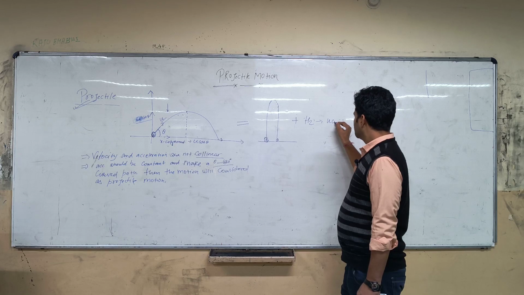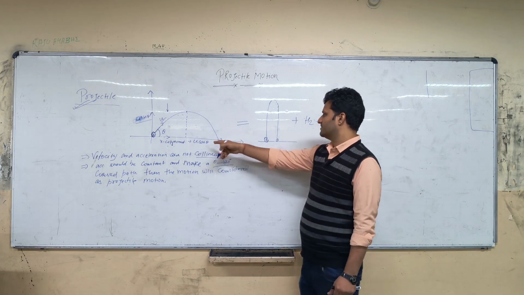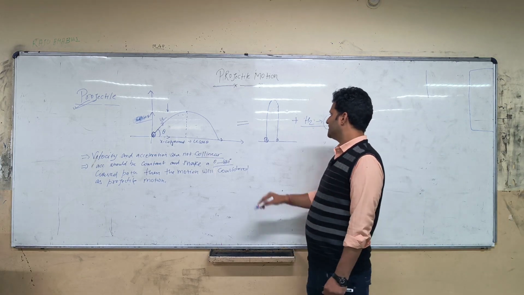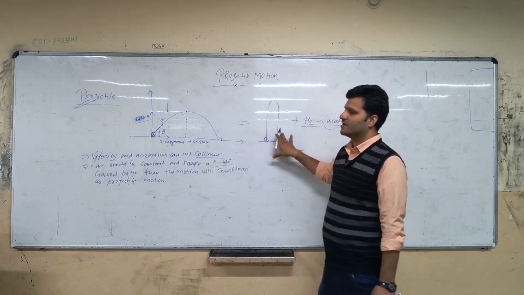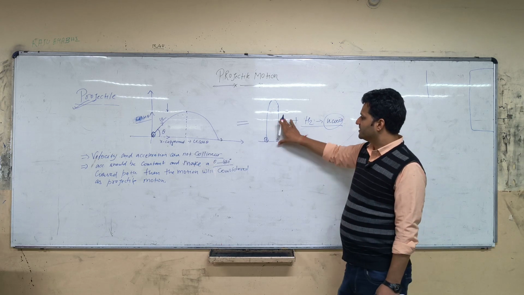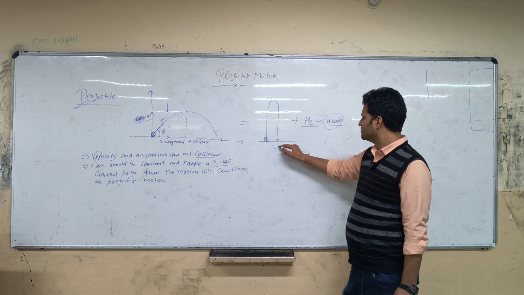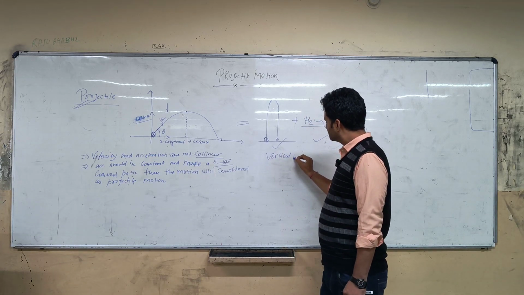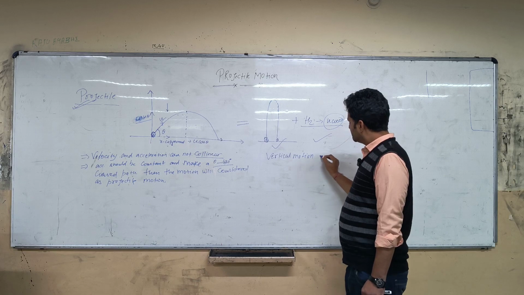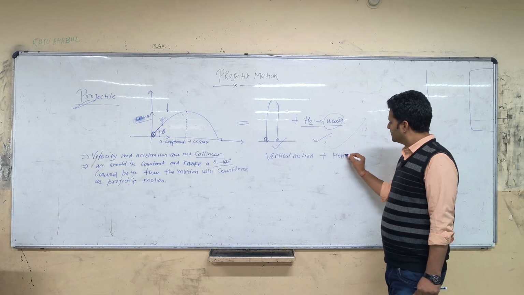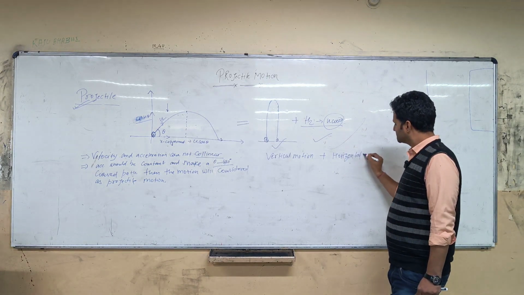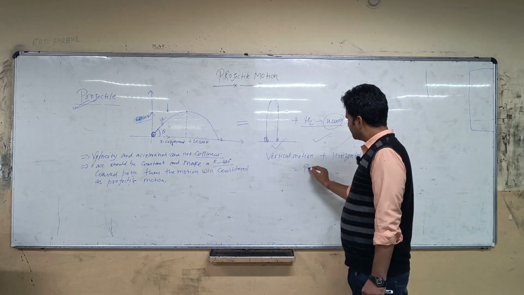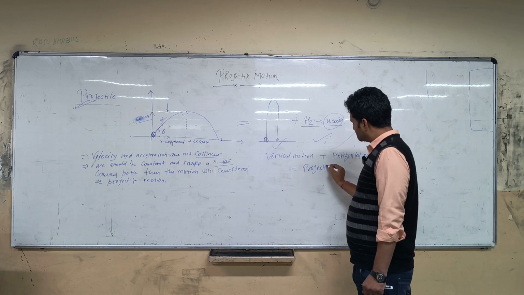Its horizontal component is u cos theta, and the vertical motion you have already understood. When vertical motion and horizontal motion combine together, they give projectile motion.